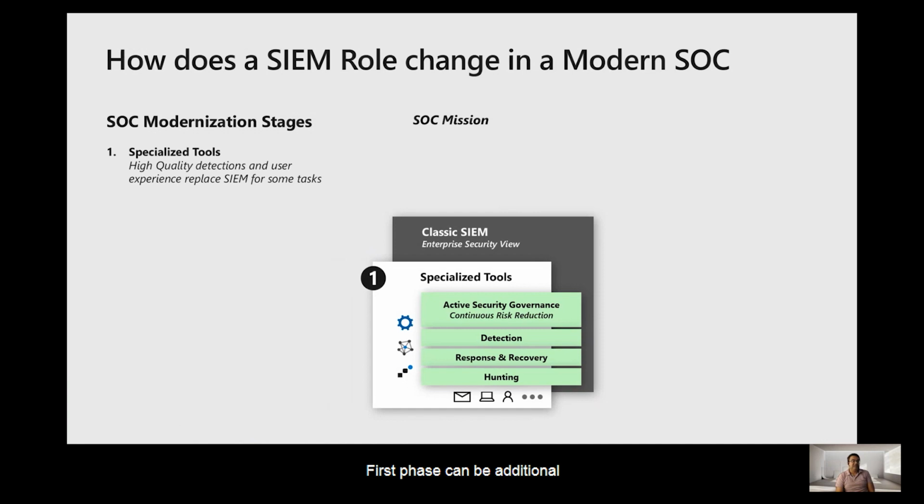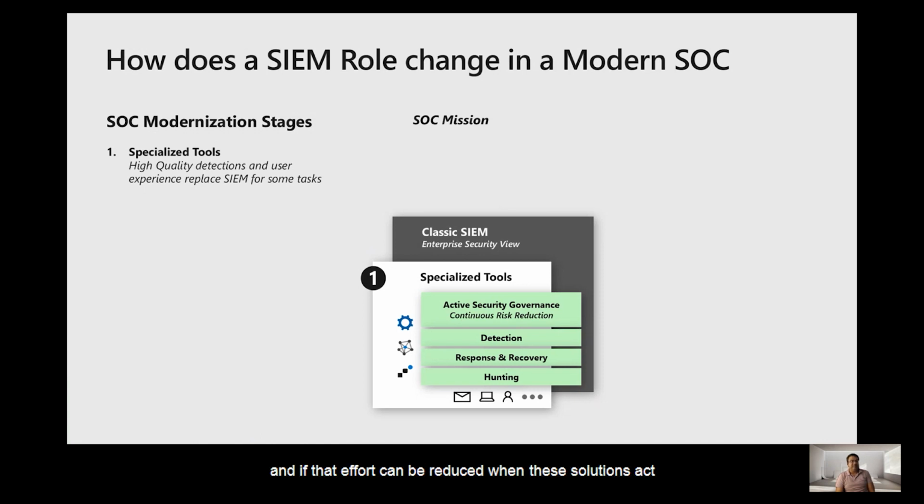First phase can be additional specialized tools which can reduce the overall load. And we discussed them as well. Things like EDR, XDR, CASB, a lot of these ADP solutions. All of these solutions help reduce the time it takes for analysts. If they are sitting on raw log data, it really takes time and a lot of skills to manage that effort.